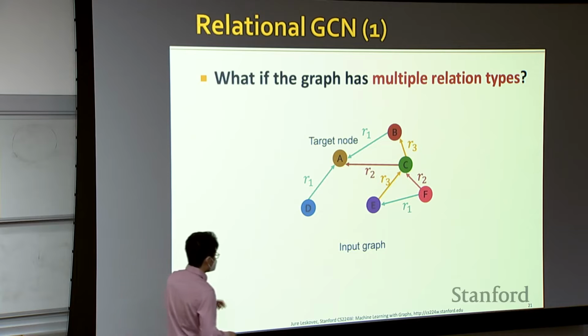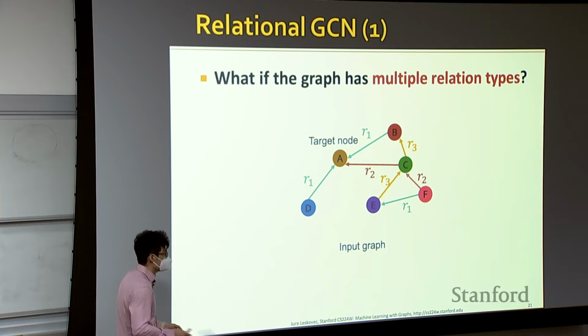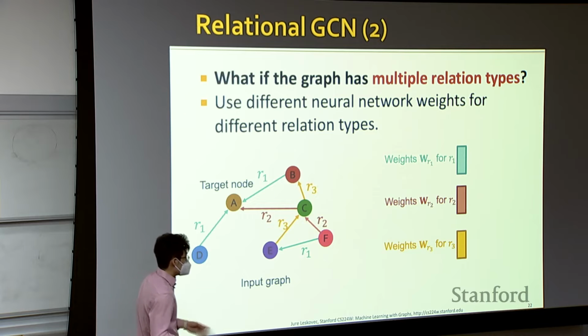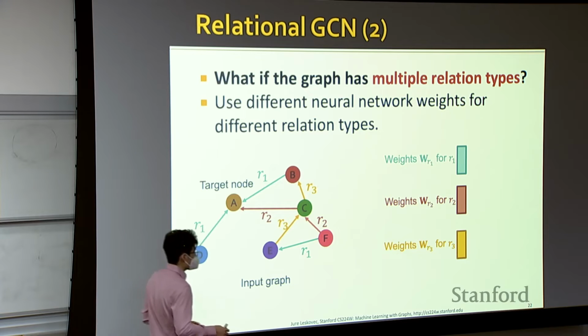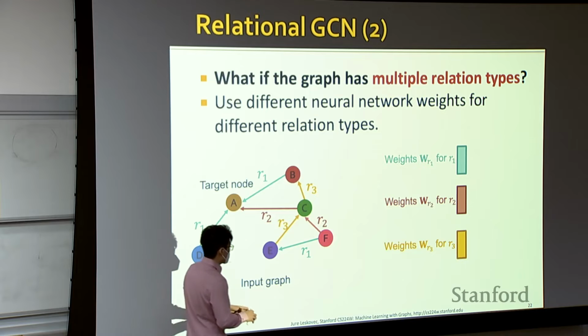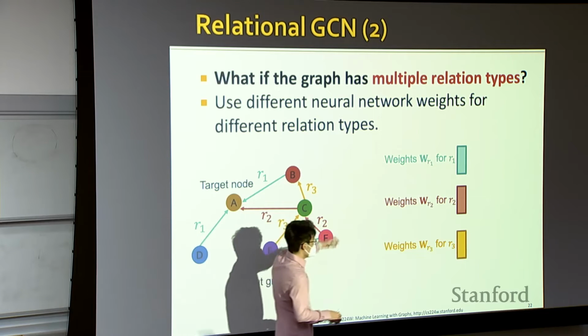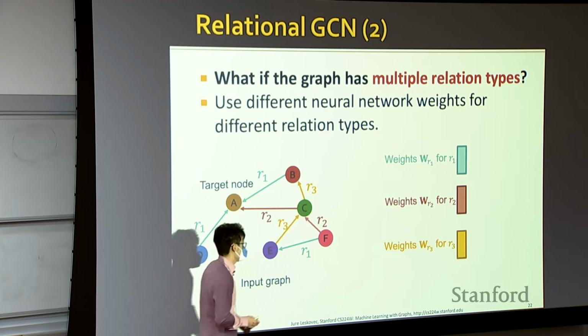Given this heterogeneous graph, we want to learn from it still using the graph convolutional neural network. So what are our ideas here? Because we know that there are different types of relations, our intuition is that instead of sharing the weights across all the nodes, now we'll have a different weight matrix for each different type of relation.